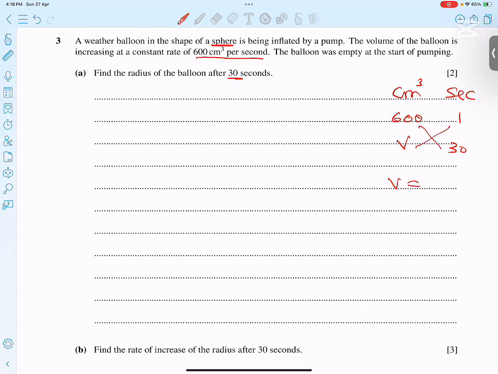So the volume becomes 18,000. Okay, this is clear. But now we have to find the radius. What is the volume formula? 4 over 3 pi r cube. I think this formula is available in the formula sheet. So now what to do? Replace 18,000 in the place of V. This 3 multiplies with 18,000, and 4 pi will divide.